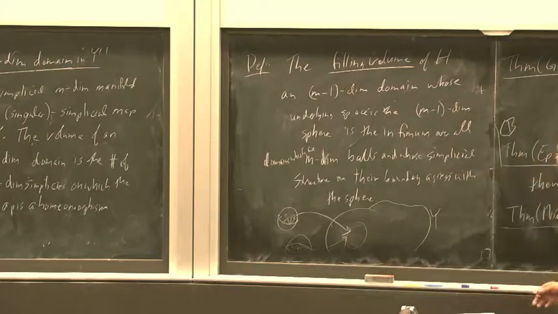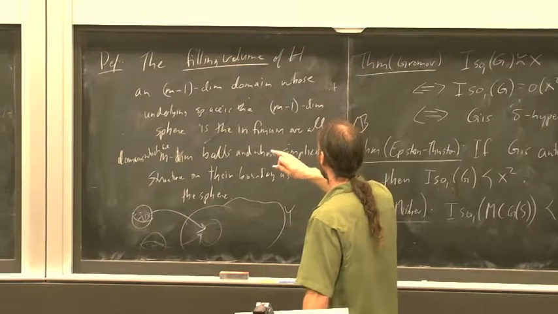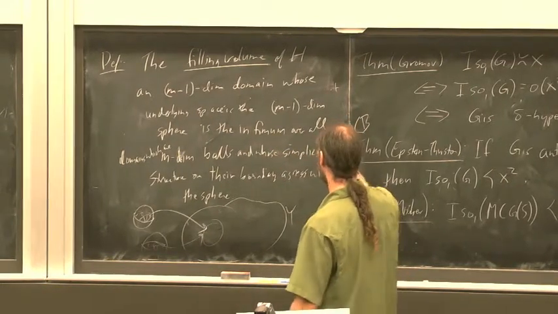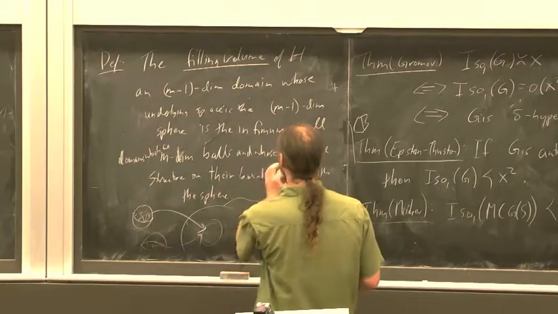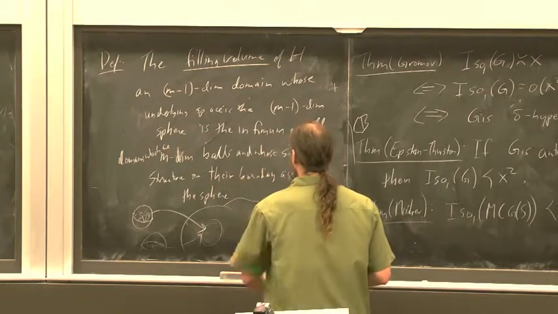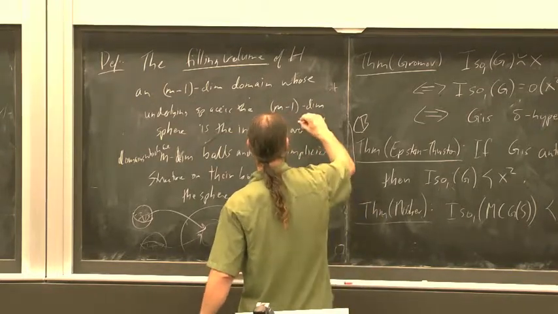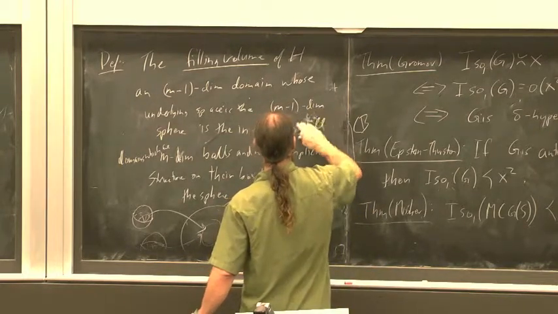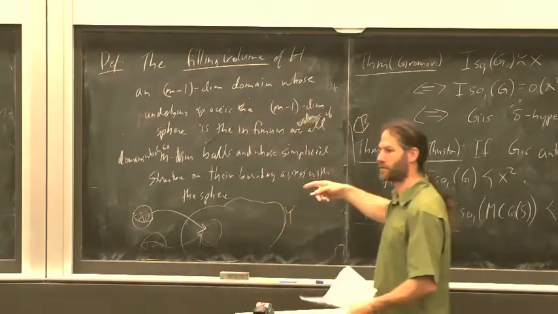Okay, so this is what it means for one thing to fill the other, and the filling volume of H filled by this ball is the infimum over the volume of all balls which fill the sphere.